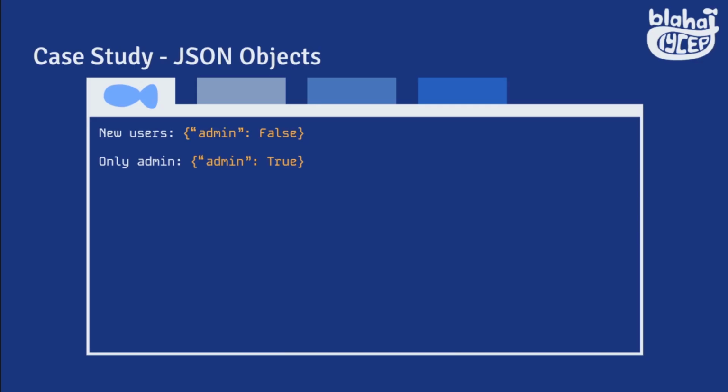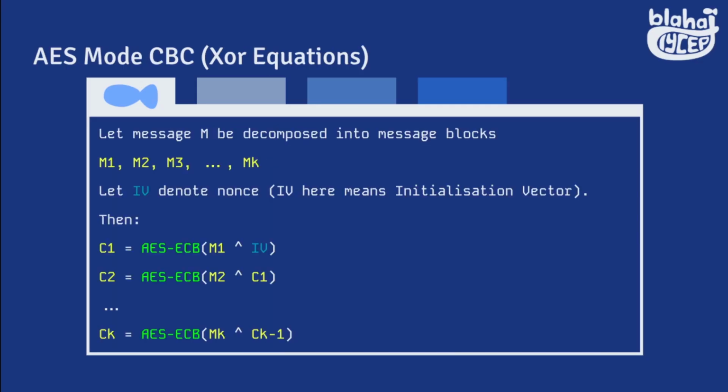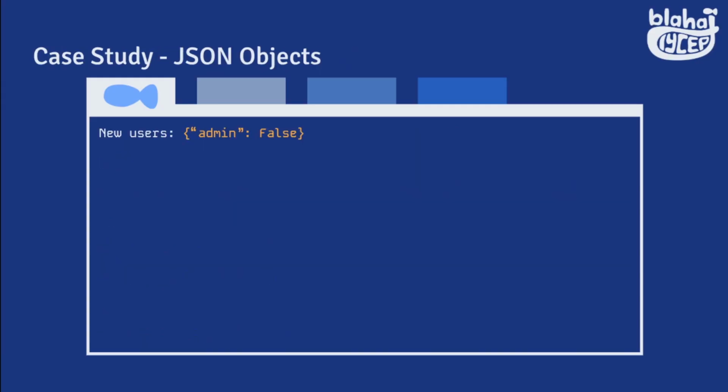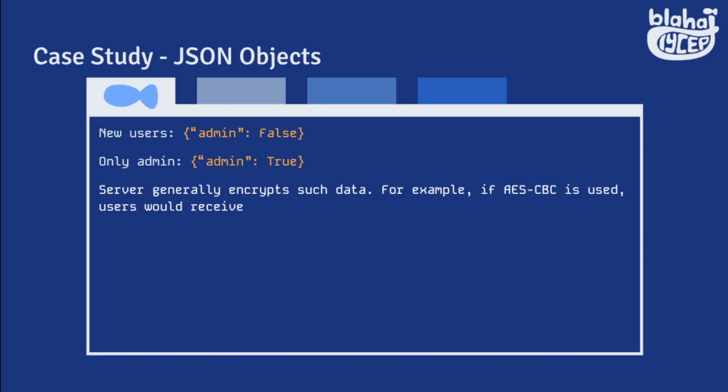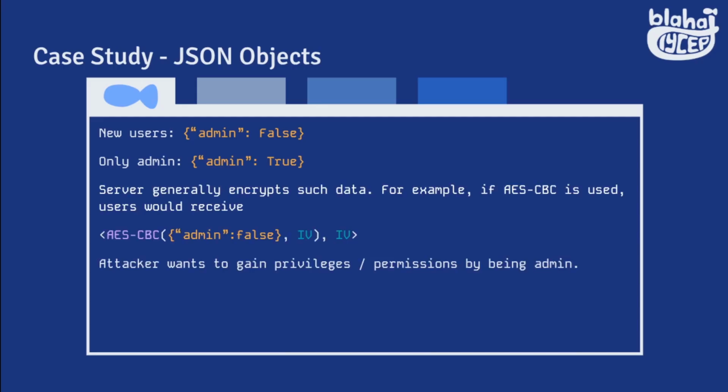Other than being very useful for a certain person called Mallory who wants to make Bob feel sad, this is very useful in the real world where we want to gain unauthorized privileges to an admin account. So for example, let's say that the data of whether a user is admin is sent and is encrypted by CBC where the IV is controlled.